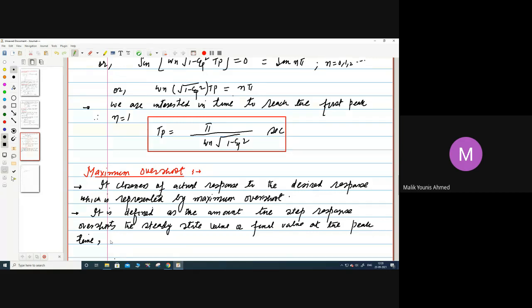How do we express it? It is expressed as a percentage of the steady state value.